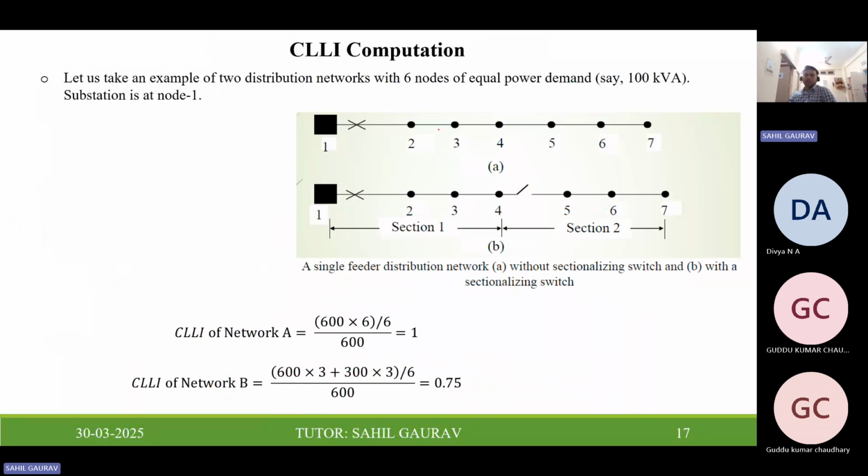One is the slack node, which we call the substation node. This first one is the slack node or substation node. These 6 nodes of equal power demand means all the nodes have 100 kVA peak demand.